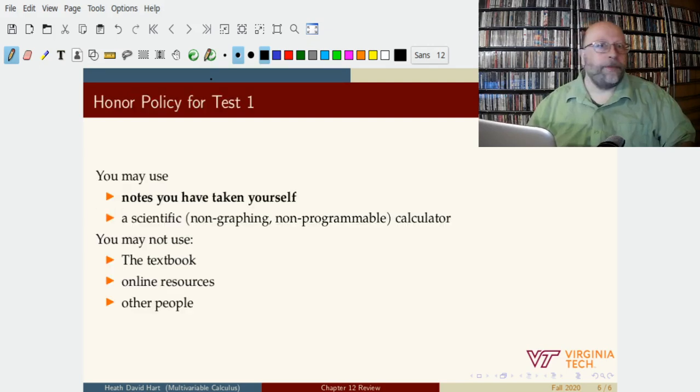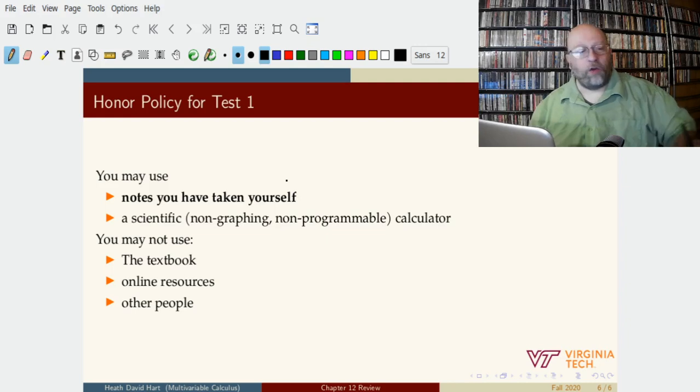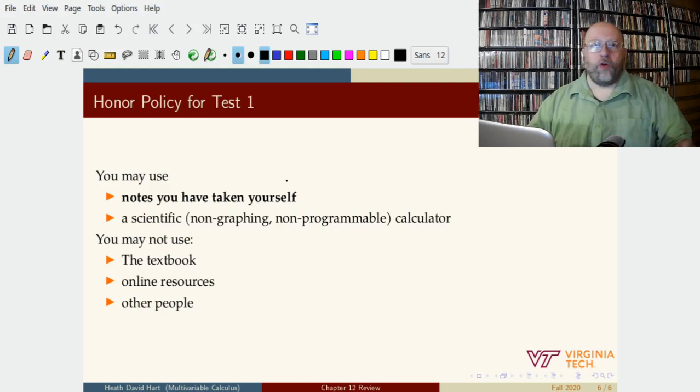Okay? Here's the honor policy for the test. You may use notes that you have taken yourself. You may use anything that you have written down for the course. If you take your notes on paper, you can bring any of your paper notes. If you use OneNote to write your notes, you can use OneNote.